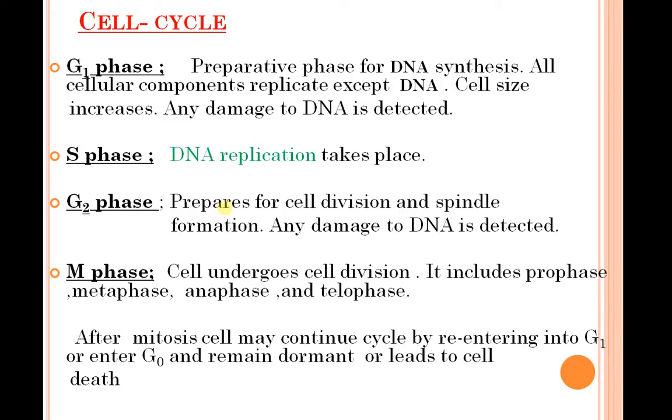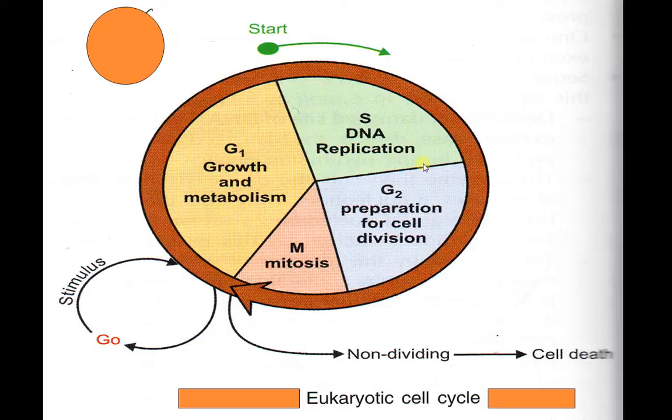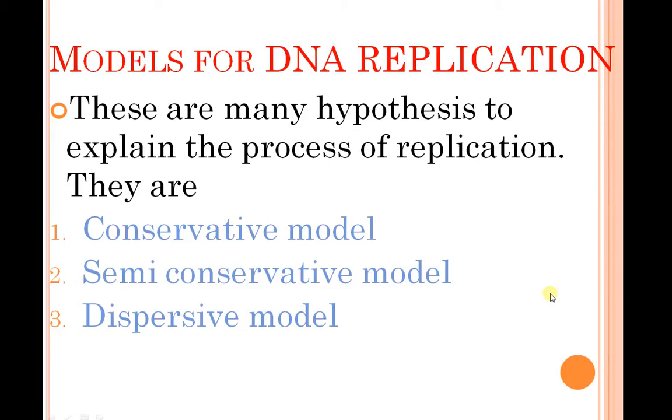After mitosis, the cell may continue the cycle by re-entering G1, or enter the G0 phase and remain dormant, or lead to cell death. This is how DNA replication and mitosis occur, with cell division, a growth phase, and metabolism. In some cases it leads to cell death.